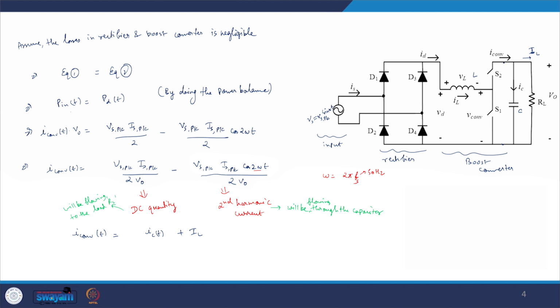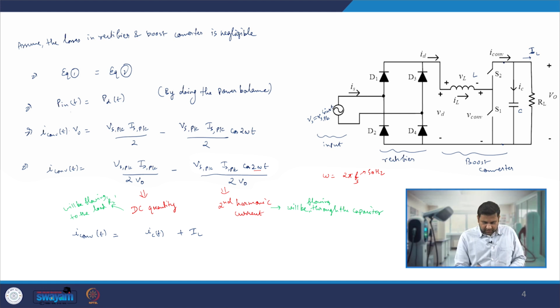So the current which we see over here, I converter, as we have derived, comprises of this DC quantity and the second harmonic current, which is also sometimes called a second line harmonic current.